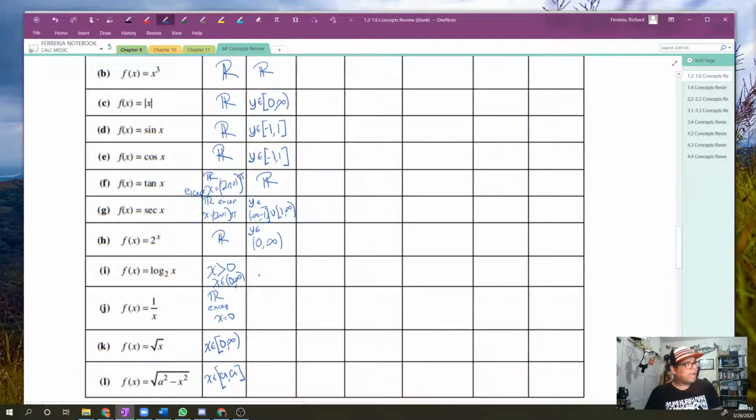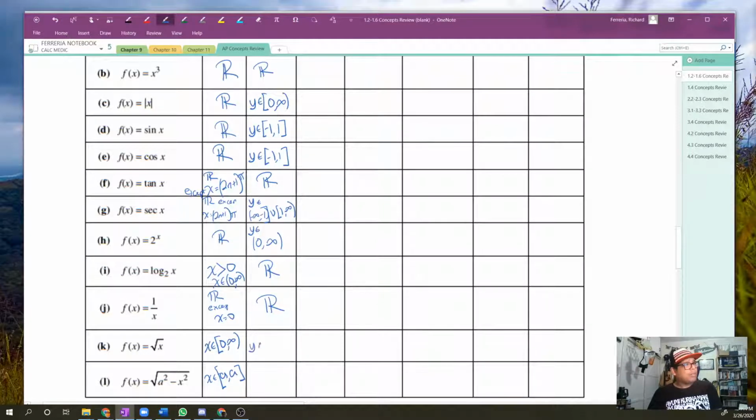Log base 2 of x. Now for this one, the y coordinate can be everything. So even though our domain is restricted to positive values of x, our range is going to be all real numbers. Same thing with 1 over x, all real numbers. Square root of x, you might remember that is only the positive half of the parabola that this comes from.